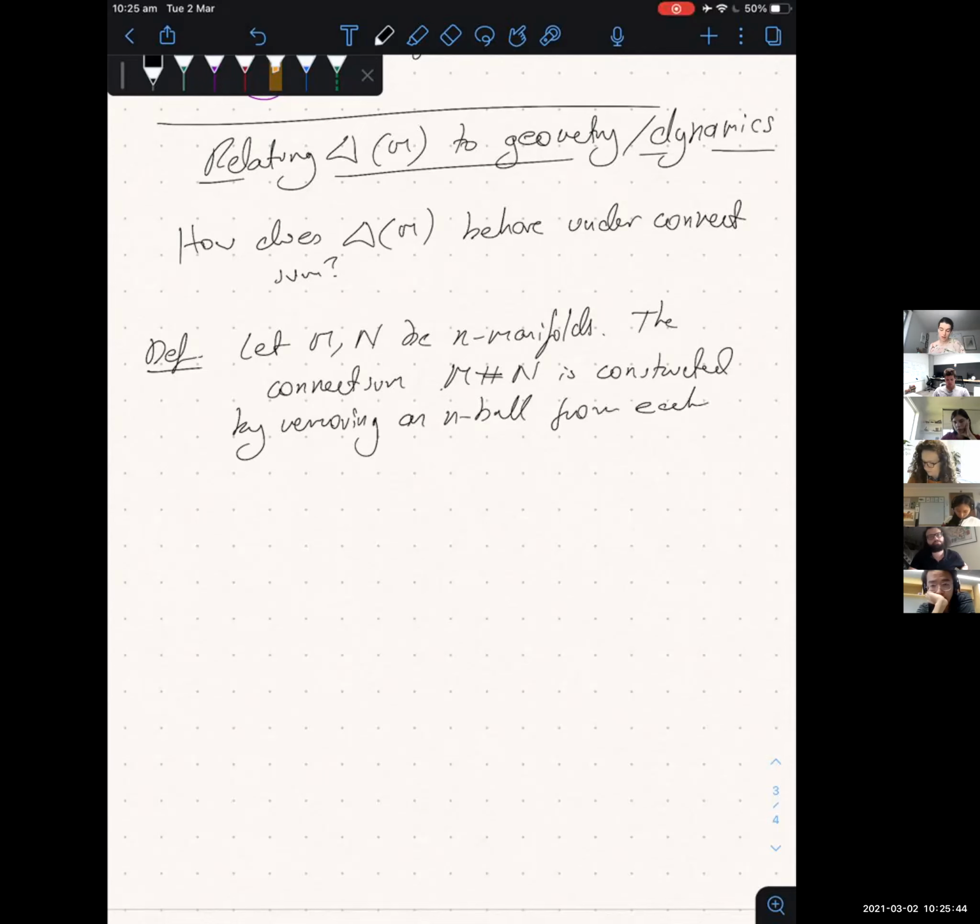Then we have a resulting sphere boundary component on each of them, and we identify the resulting boundary components.